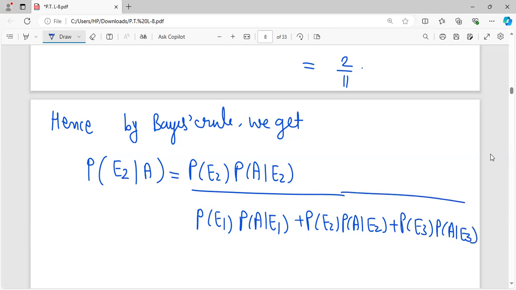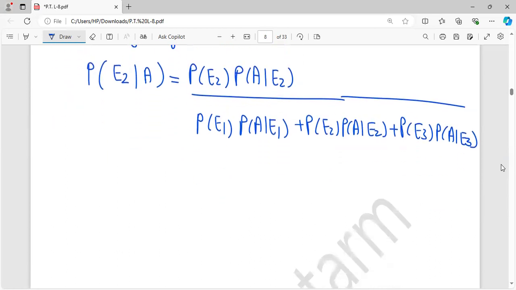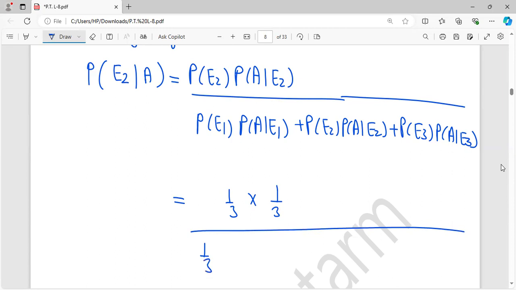So now calculate this. P(E2) you calculate first. What is P(E3)? This is 1 by 3. And P(A relative to E2) is 1 by 3. So this is 1 by 3, and this is 1 by 5, 1 by 3, 1 by 3, 1 by 3, 2 by 11.